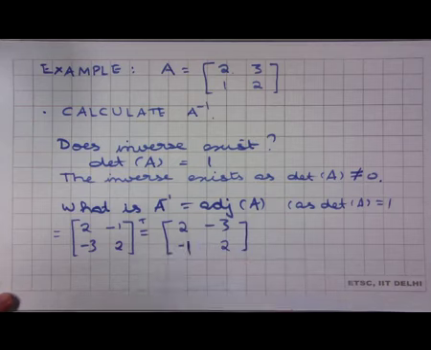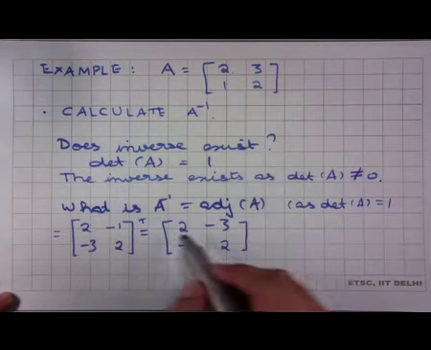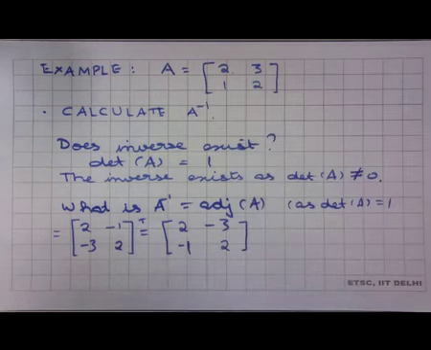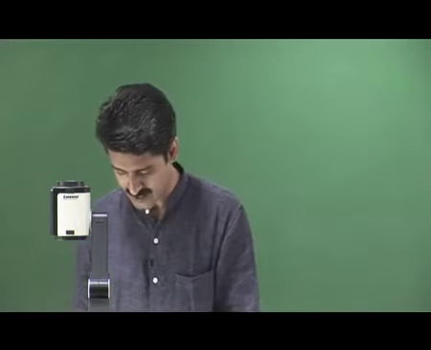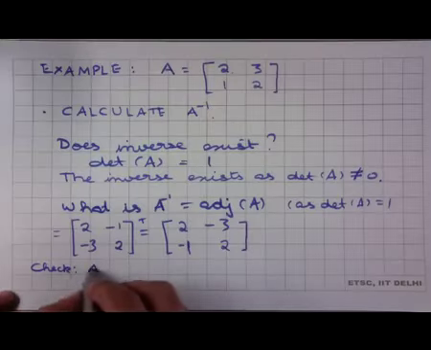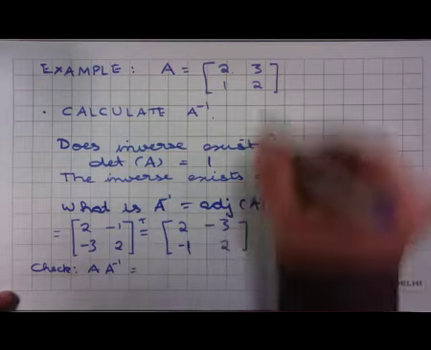And now we can check. We have 2 3 1 2 and 2 minus 3 minus 1 2, with determinant 1. It is always good to check, so let us at least check whether A times A inverse is the identity. What is A times A inverse? This times this.